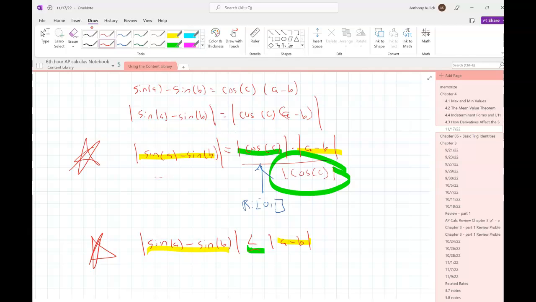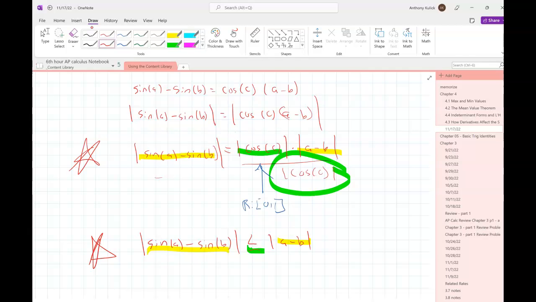If both sides were equal to 0, that meant either cosine c was equal to 0 or a minus b was equal to 0. Well, a minus b can't be equal to 0 because those are the endpoints of an interval. If they're equal, then the interval is not an interval, it's just a single point. So what if cosine c is 0? Well, if I get rid of it, the left-hand side is still 0, but the absolute value of a minus b has to be a positive number.